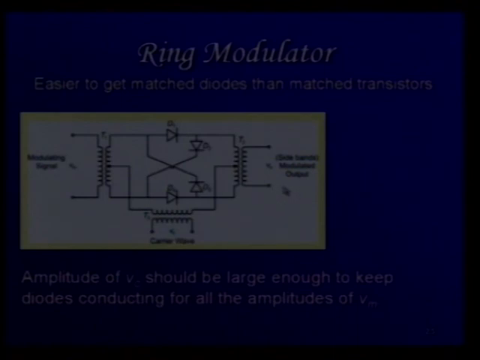Here again, I will show you how the common signal gets cancelled, that is, the carrier wave is not going to go to the output. Now, in this particular case, we have some VM signal and we have some carrier signal VC.